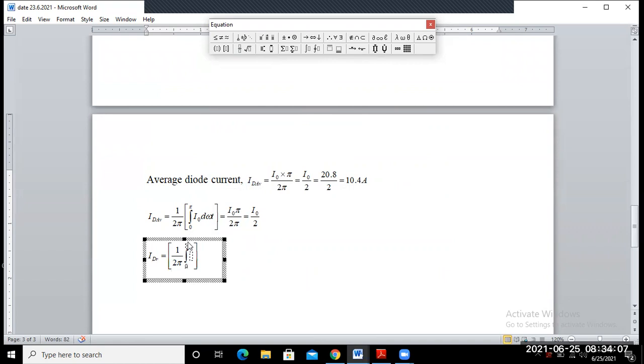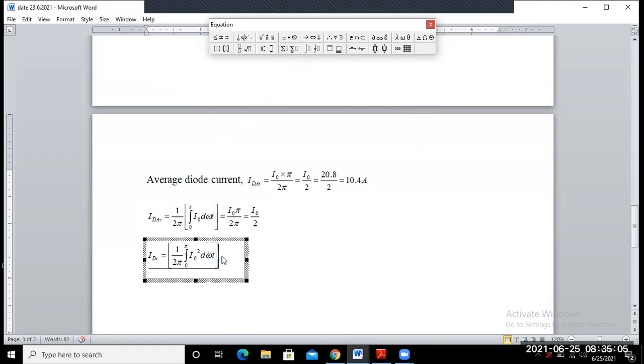Okay, so 0 to pi, I0 squared d omega t. And again from pi to 2 pi it is 0. So the second term is not required to write here again.